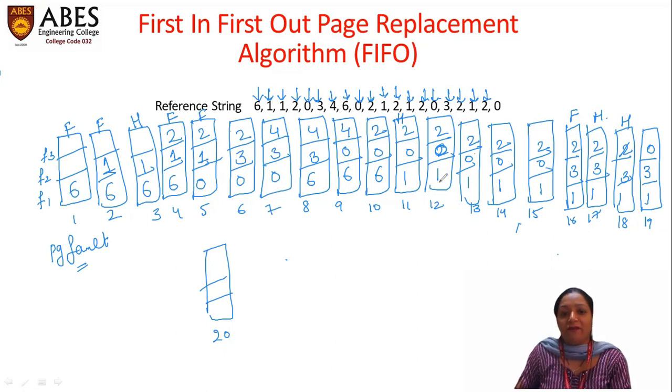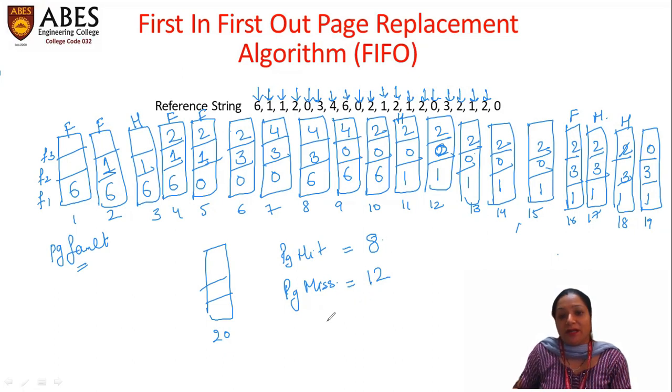So in this way, we can now calculate the number of page hits and number of page misses, or we can say page faults. So in this example, if we count, the total number of page hits comes out to be 8 and the page misses come out to be 12, right?